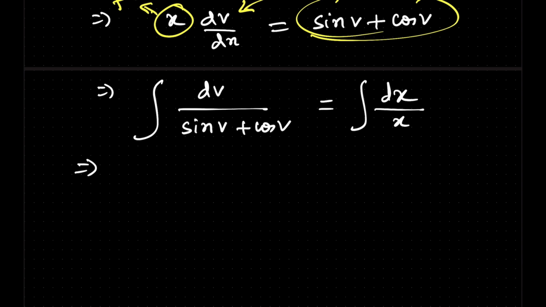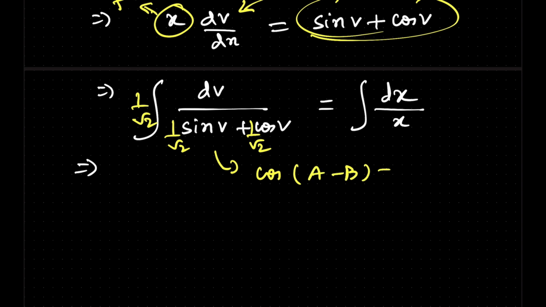Now what you can do here is multiply and divide by root 2. What is the benefit of this? In this way you can apply the formula cos(a minus b) is equal to cos a cos b plus sin a sin b.